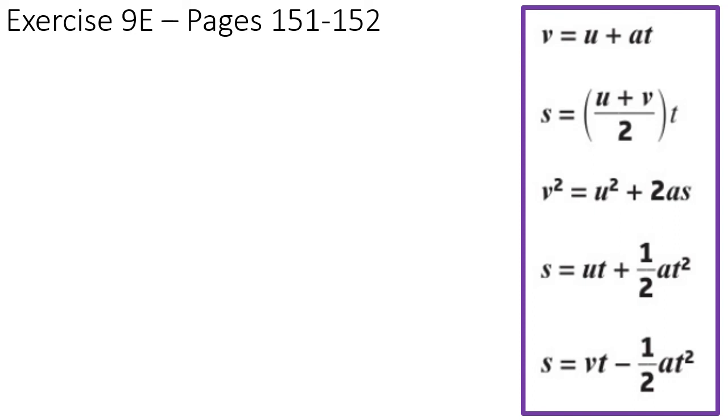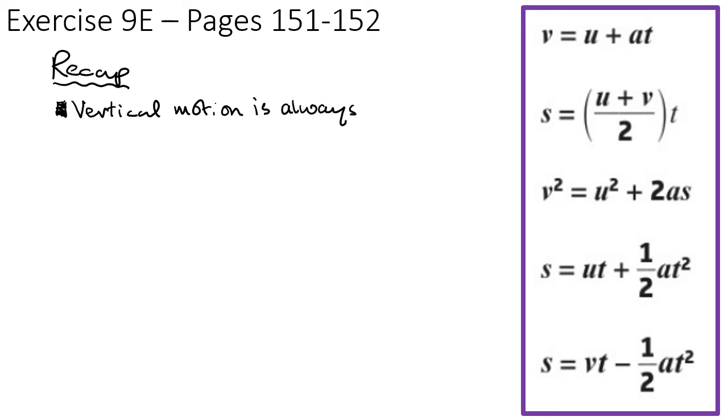You have your SUVAT equations there at the side. They are also in the formula book. So we'll do a quick recap of this section. In these questions, whenever we have vertical motion, it's always under the influence of gravity.